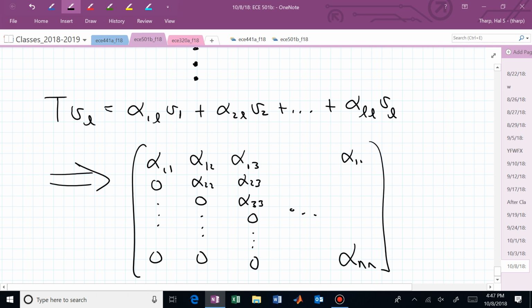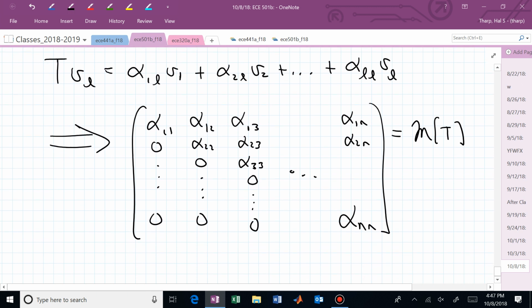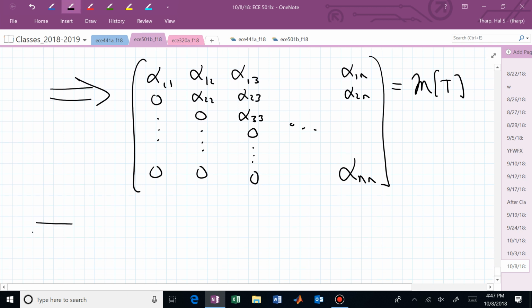And here is alpha 1,n, alpha 2,n, and there's my matrix representation of T. And what is that by definition? Upper triangular. So this now shows that the matrix representation of T is upper triangular.